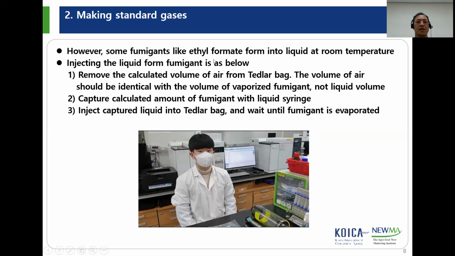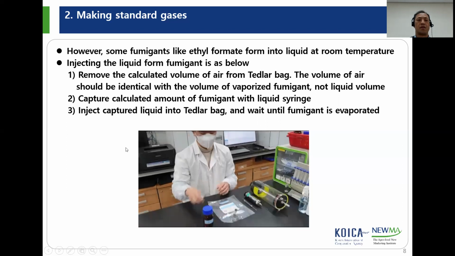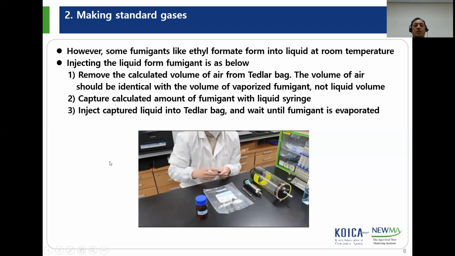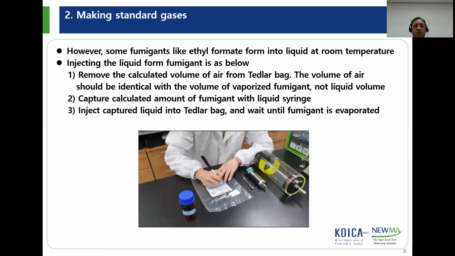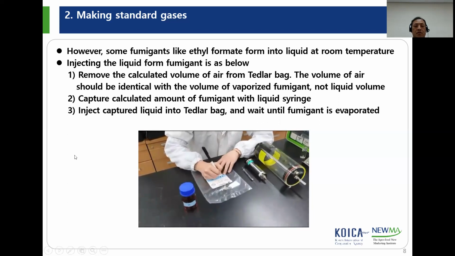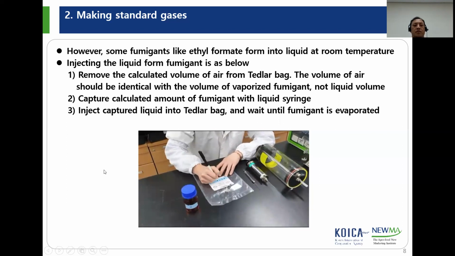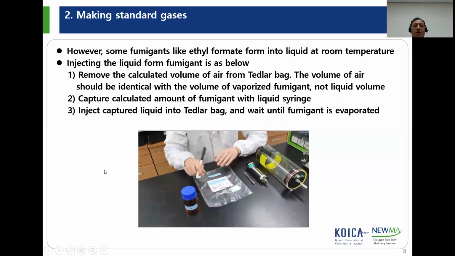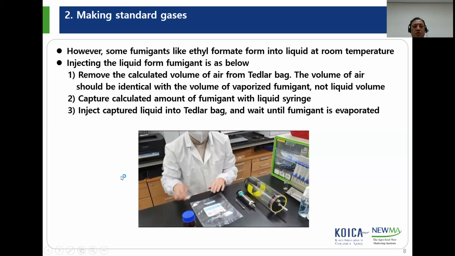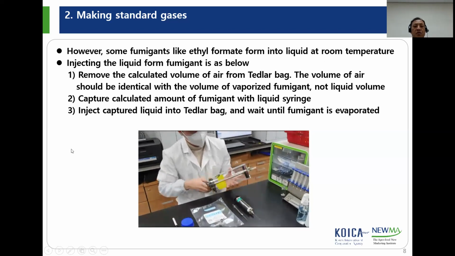However, some fumigants like ethyl formate form into liquid at room temperature. So injecting the liquid form fumigant is as below. It's a very similar procedure to the previous slide.